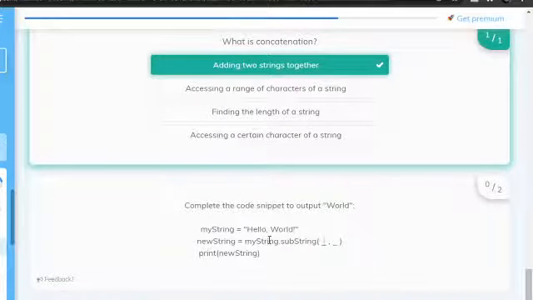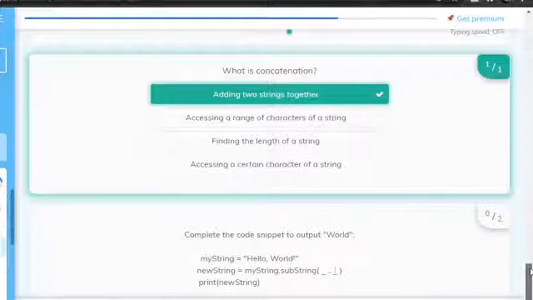So complete this code snippet to output world. My string is hello, comma, world. New string equals my string substring. It can only be numbers really. It starts with this, so counting 0, 1, 2, 3, 4, 5, 6, 7.